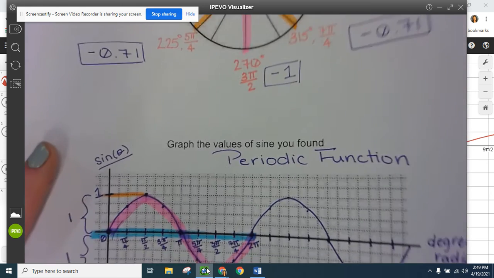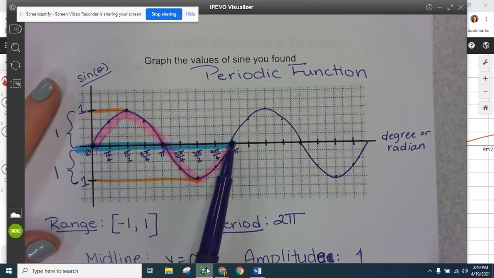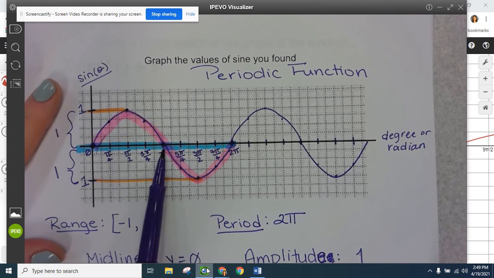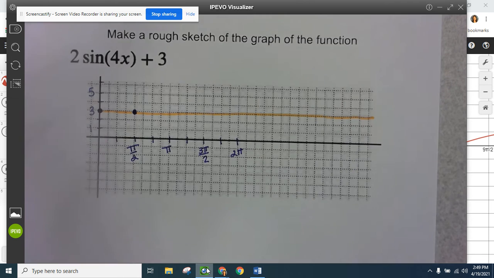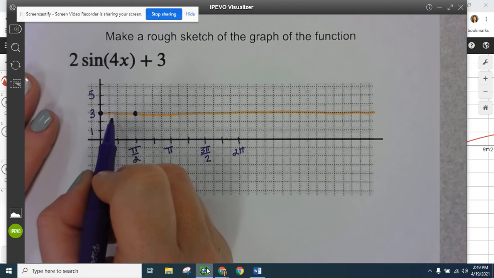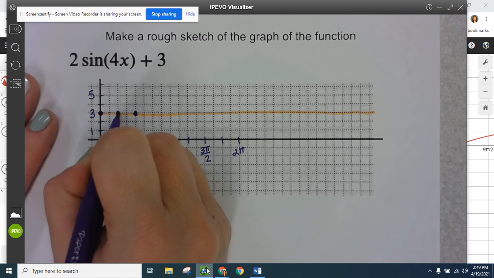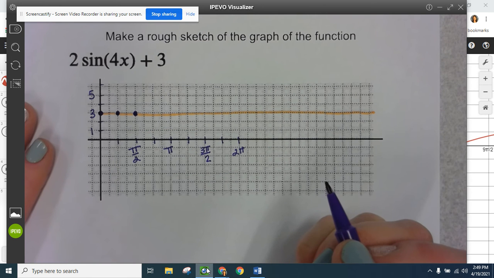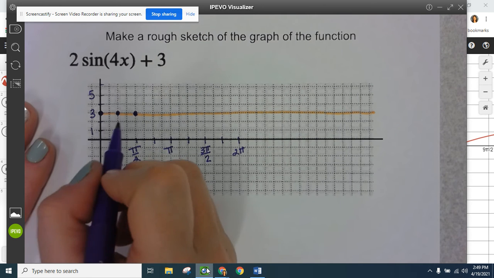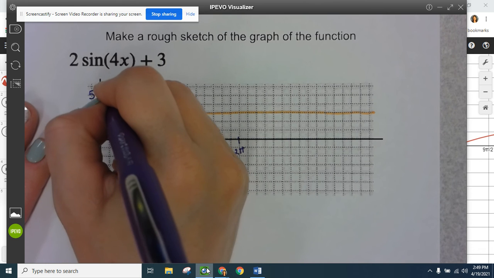All right. So I start and end on the midline. Halfway in between, I'm at the midline again. So halfway in between here, I have 1, 2, 3, 4 tick marks. That means right here would be halfway in between. And then in between that, I hit my maximum or my minimum.